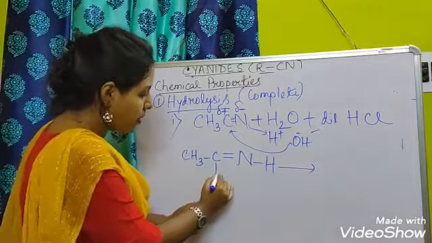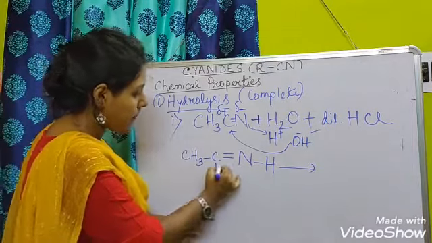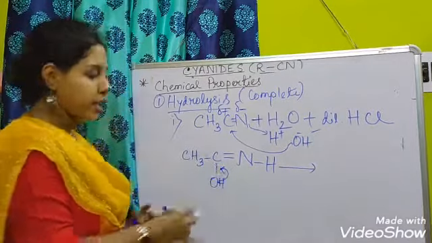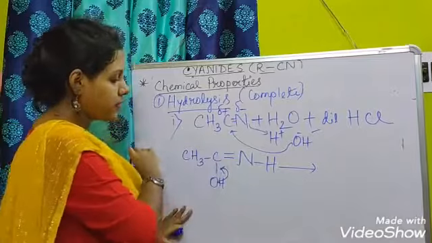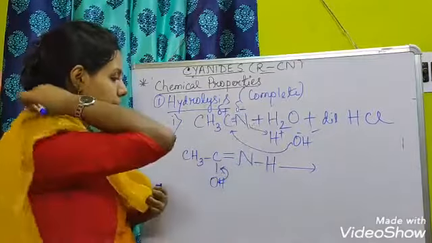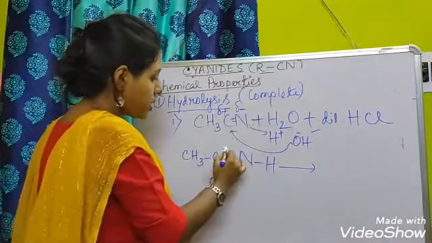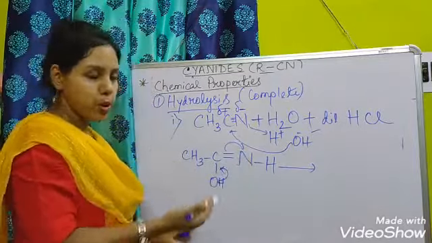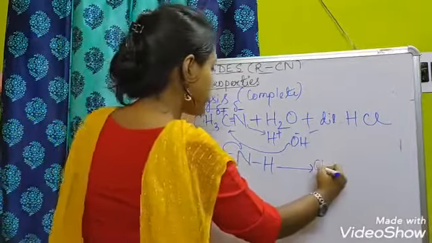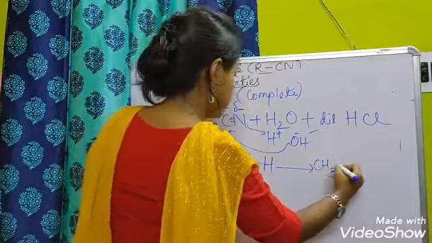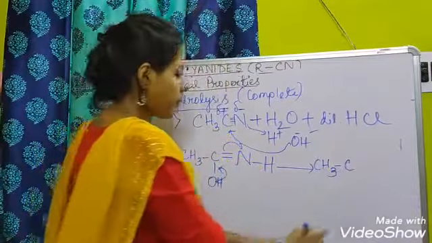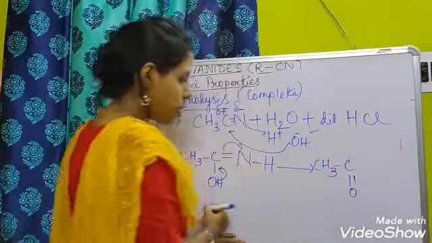So that bond will be broken and it will make a double bond here. Whenever it will be a double bond here, then this bond will go up to the nitrogen. So that will be CH3 single bond carbon, double bond oxygen.